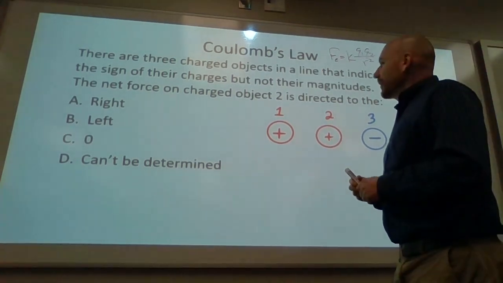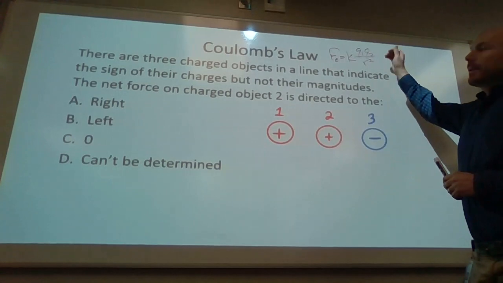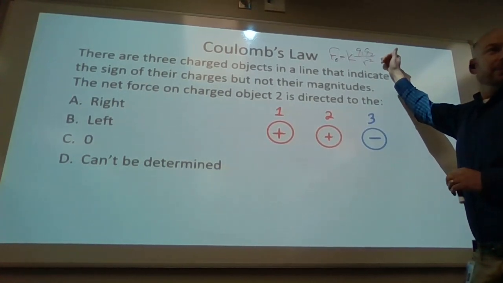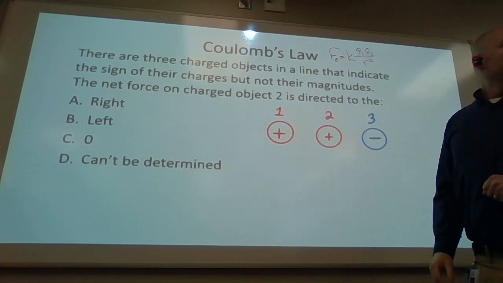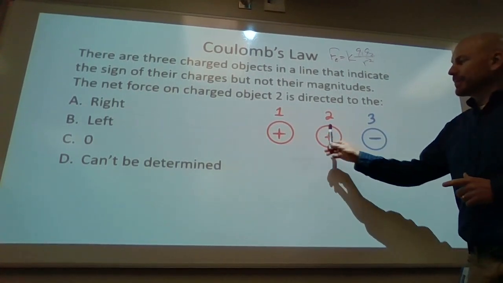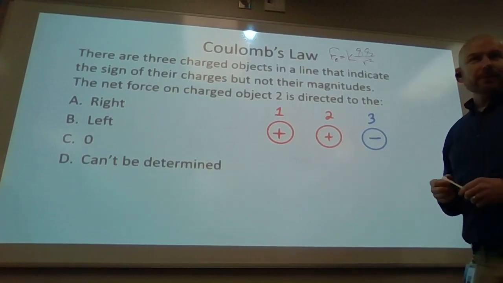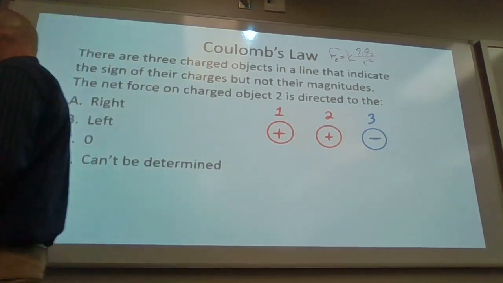All right. So the equation only has two charges. What you need to do is take it in pairs, with 2 always being part of the pairs. What's going on between 1 and 2?